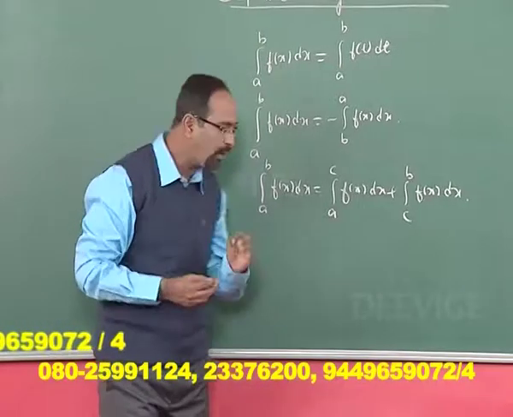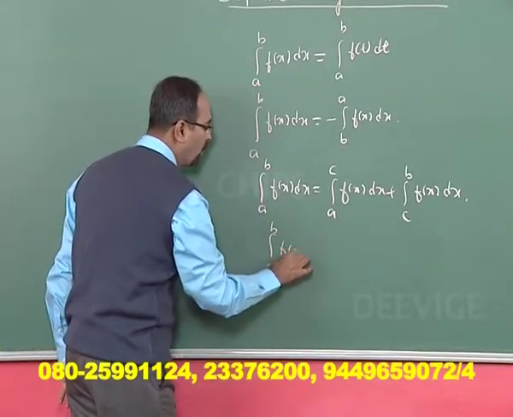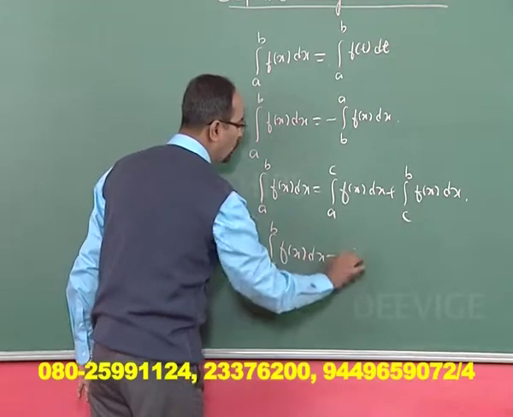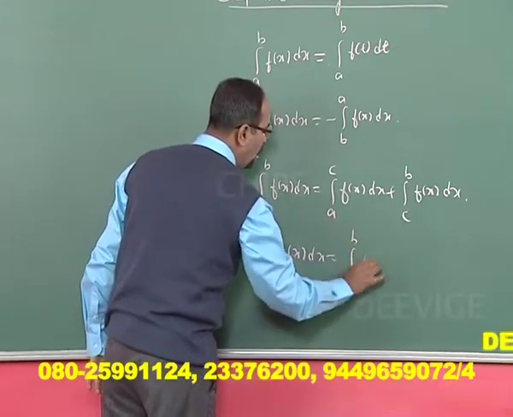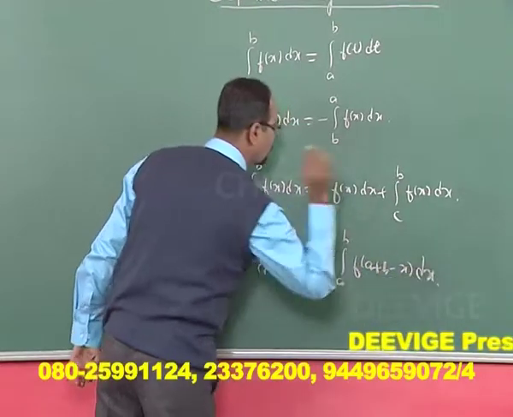And the next property of definite integral is integral of a to b f of x dx is equal to integral of a to b f of a plus b minus x dx.